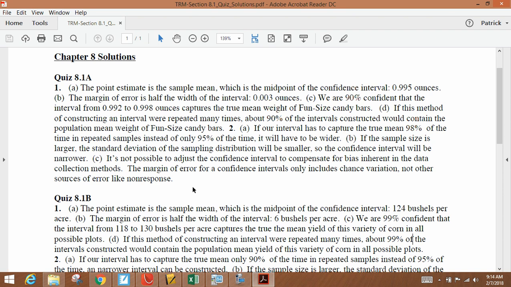Yeah, because my instincts say, okay, just make n 36, right? In that case it's going to change your standard error slightly, make it a little smaller.